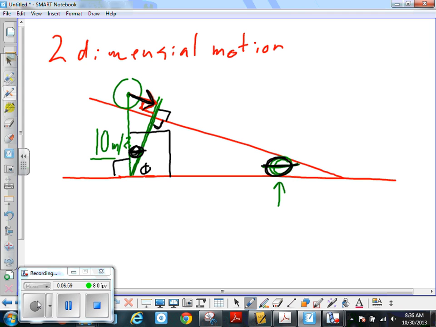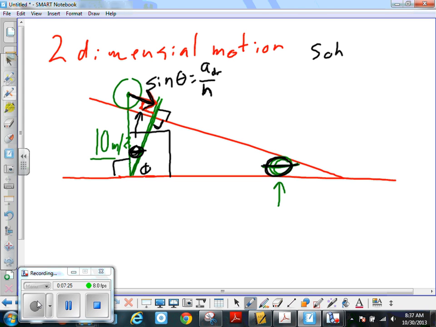So, which trigonometry function do we use to figure out that side? Yes, sine is opposite over hypotenuse. This is opposite, right? So the sine of theta is equal to the acceleration down the ramp over the hypotenuse.